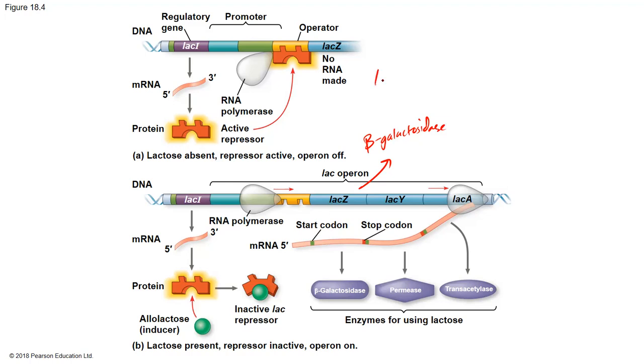This enzyme normally converts or splits lactose into galactose plus glucose. This is the normal function of this enzyme.